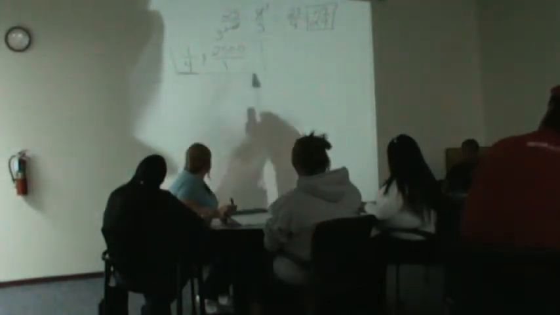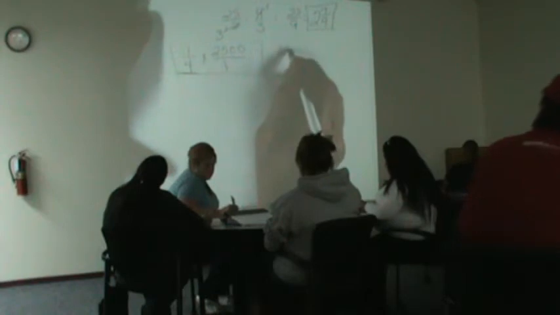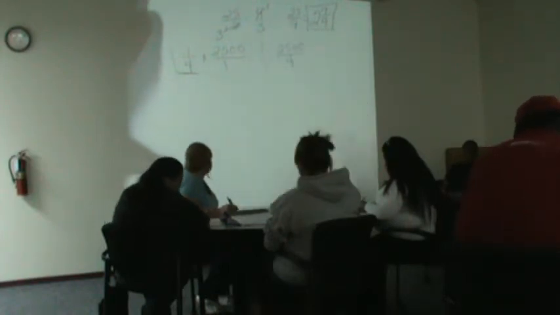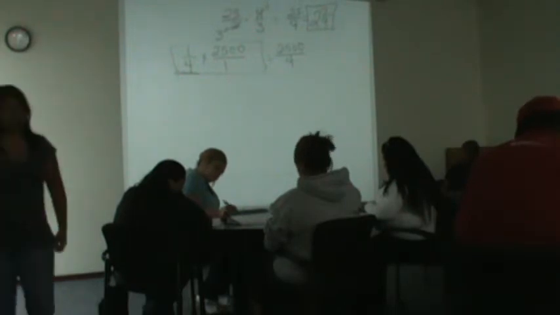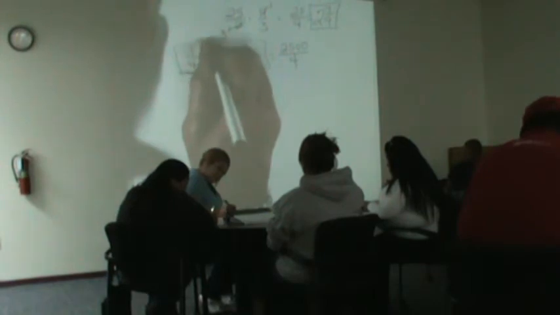Show multiplying by 1/4, which gives you 2,500 over 4. Now do the division, okay? 1/4 of something is 1/4 times. Times is the same as of.